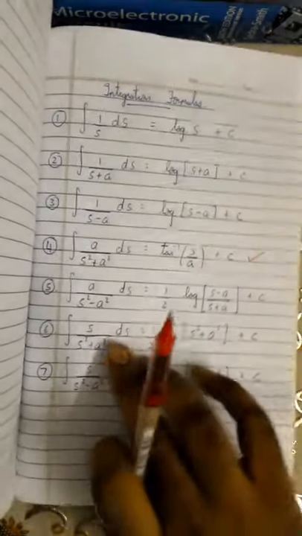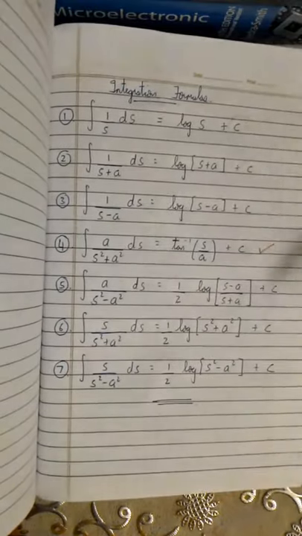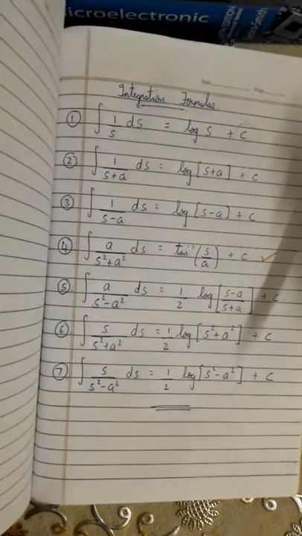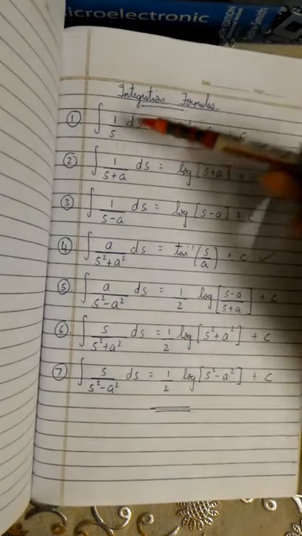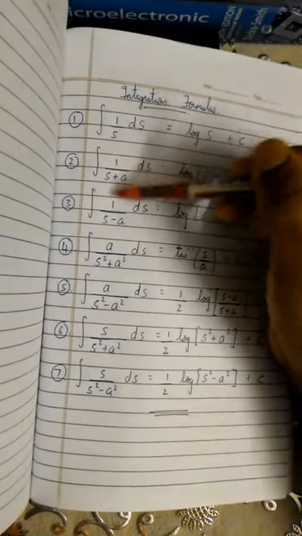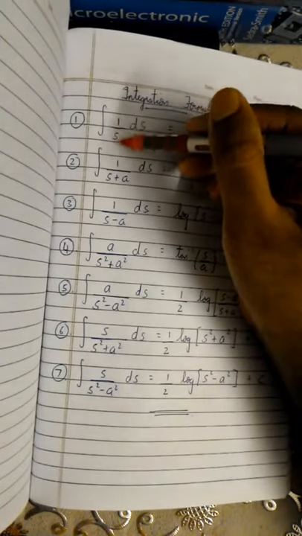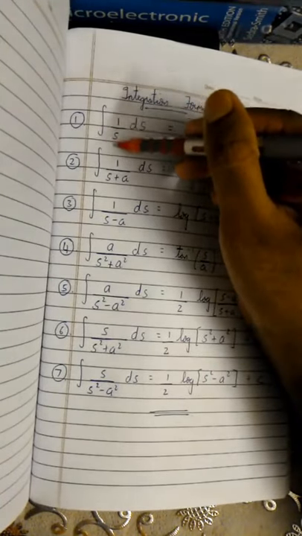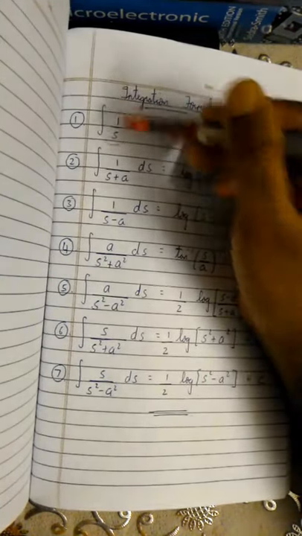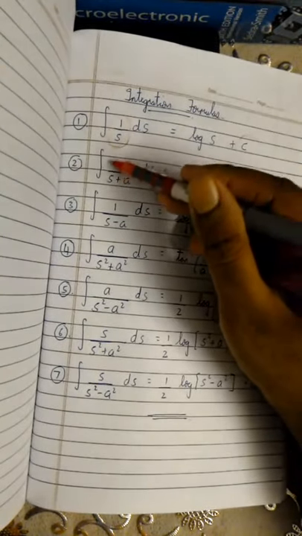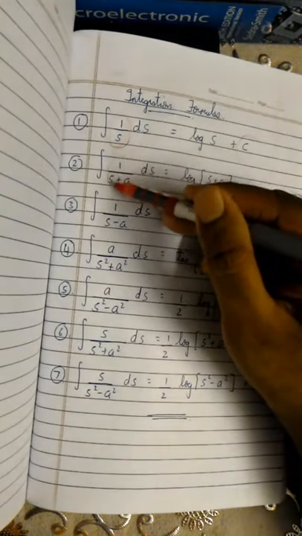I hope some of you by now should have already understood why we are using these integrations. Why do I have to study only these 7 integral formulas? If you look carefully, you have already seen these terms. This is nothing but the Laplace transform of u of t, or the Laplace transform of 1. This is the Laplace transform of e raised to minus at.